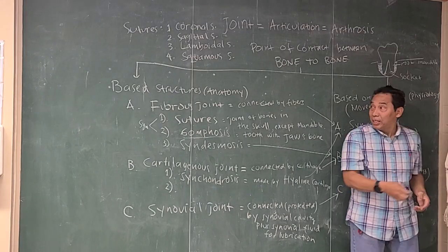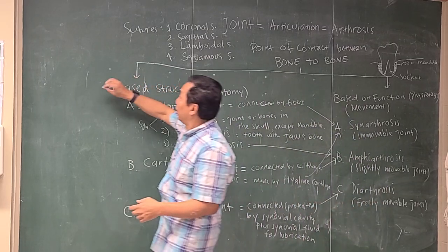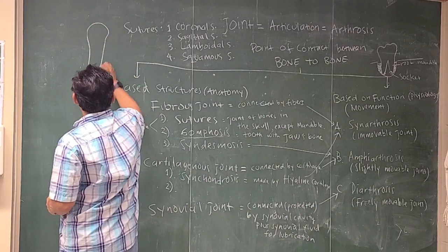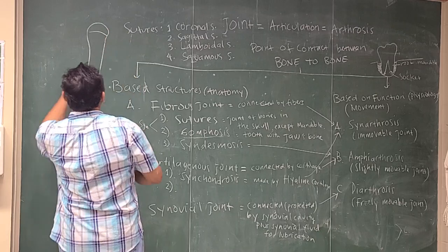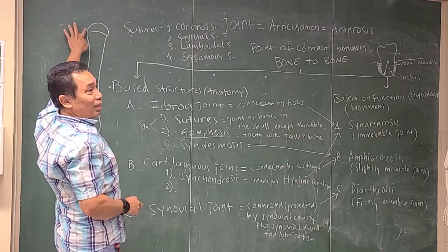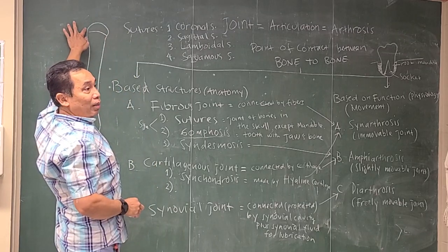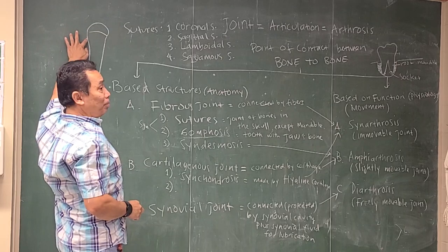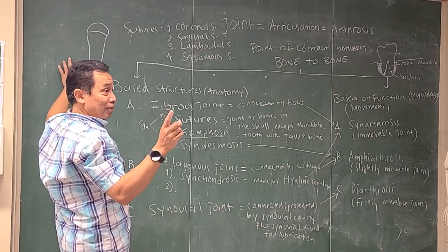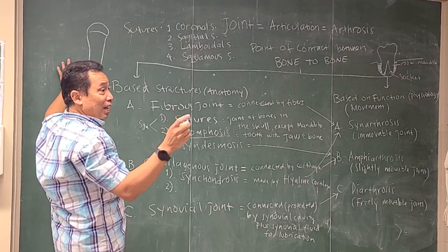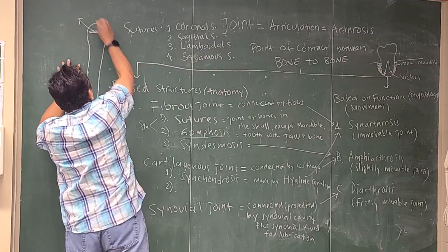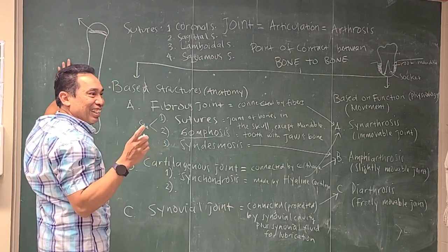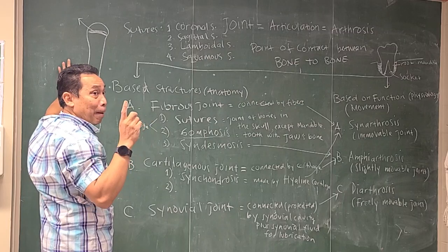Now you still remember here? Let's say this is a bone. There are three parts of the bone over here. Epiphysis, metaphysis, diaphysis, right? And remember when you're still young, you have what you call the epiphyseal plate.